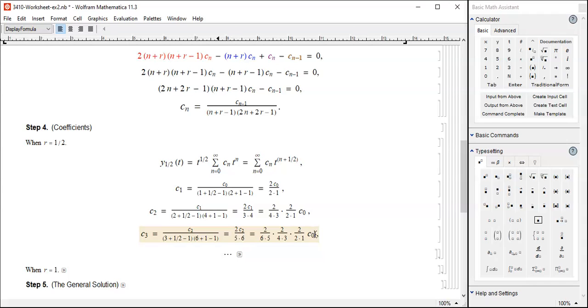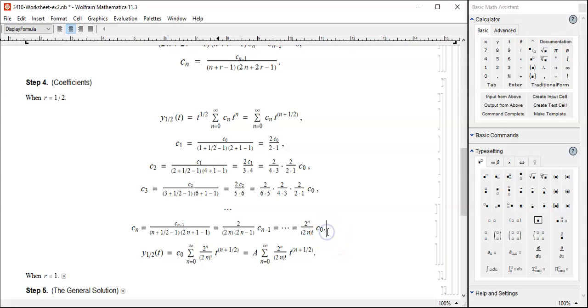With some trial and error, I hope you can find a pattern. 2 times 2 times 2, all those 2's in the numerator, and in the denominator we have factorial. c3 begins from 6, c2 begins from 4, c1 begins from 2, and then each time I put 2 more numbers in there. So eventually we get (2n) factorial downstairs and 2 to the nth power upstairs.